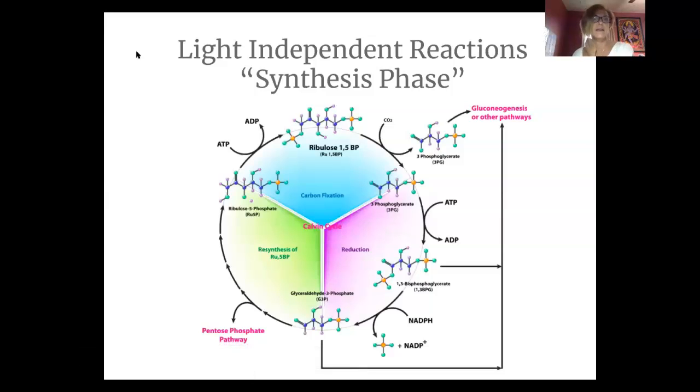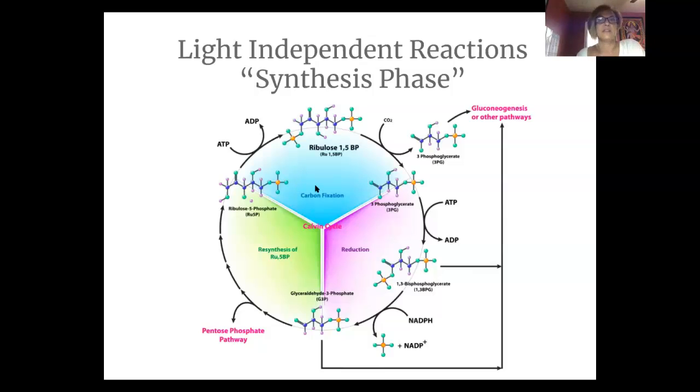We've talked about that. Every step requires an enzyme. There's an intermediate in between each of the things that we're showing you. And there's probably a few more steps than what we actually show. So we want to identify this as carbon fixation, reduction, and recycling or resynthesis of RuBP.